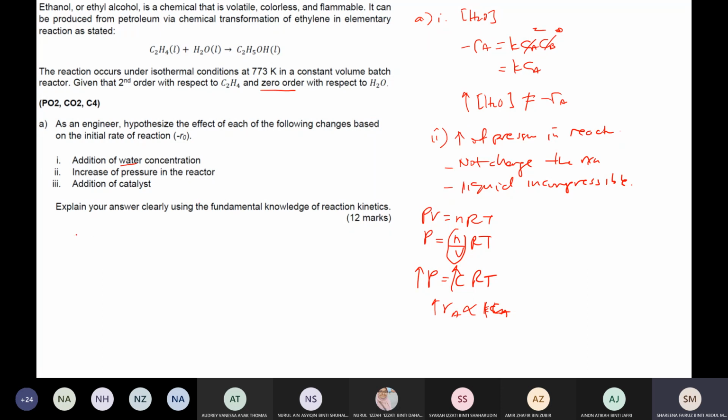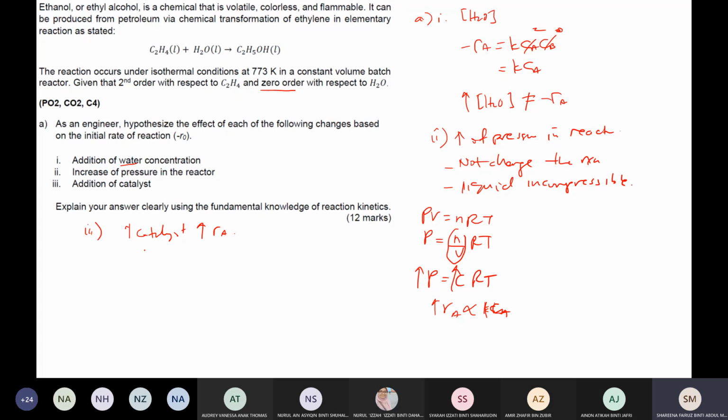Okay, so for addition of catalyst, okay, of course, sebab tugas catalyst pun to speed up the reaction. So kalau kita add catalyst, okay, it will increase the RA. Okay, so ini daripada ni lah, you boleh relate dengan activation energy lah.